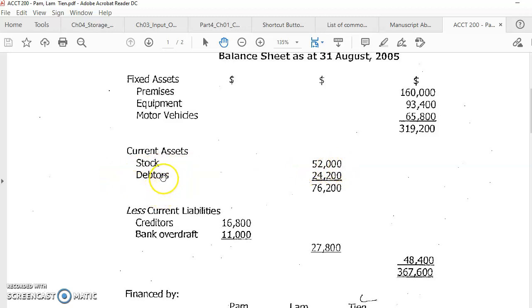We will not be transferring the debtors because we will be collecting money from these debtors. Although we will not collect all the money, we will collect some of the money from the debtors. So we will not transfer the value of our debtors into the realization account.